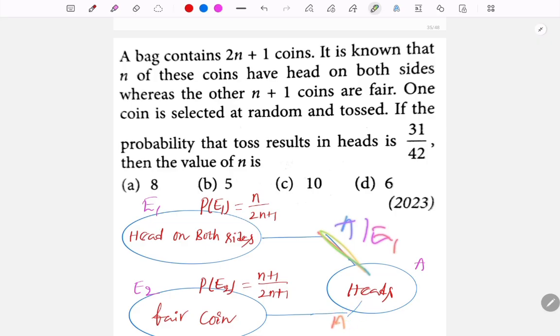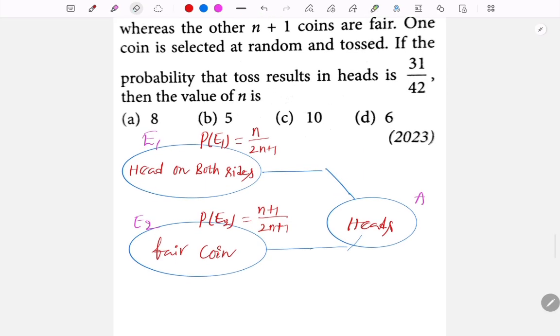Next, this part, okay, I will draw neatly, give me a second. Like this, I'm talking about this part. This part is P of A by E2 and this one is P of A by E1.